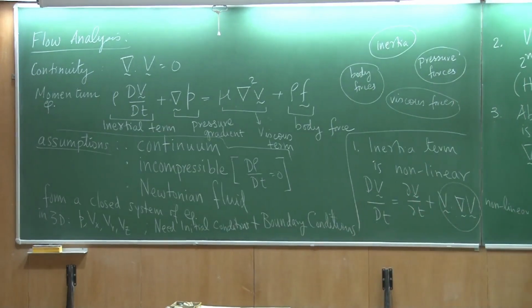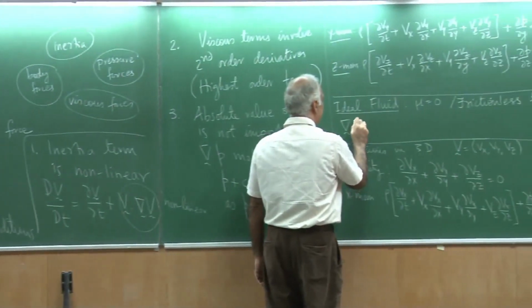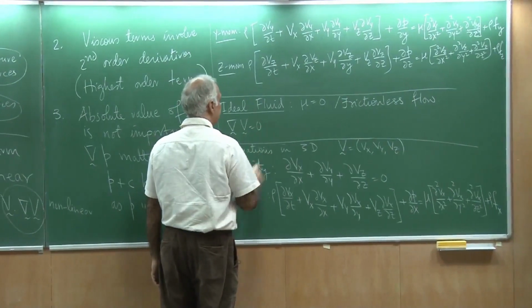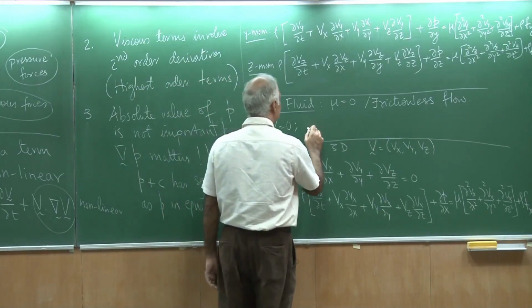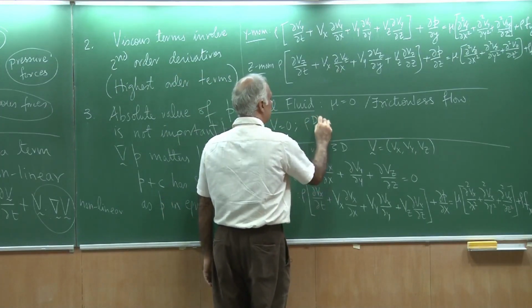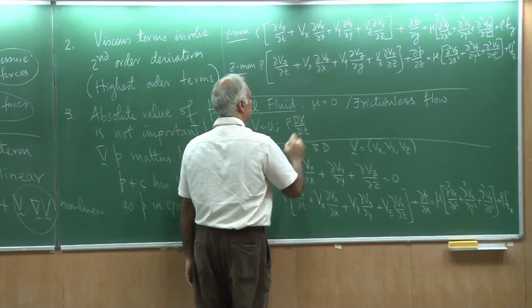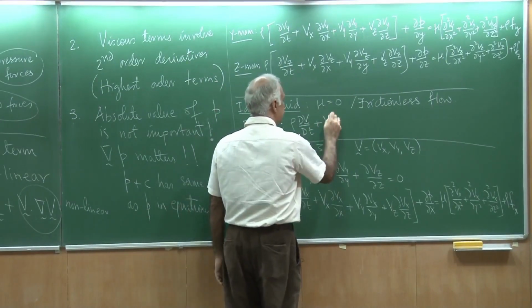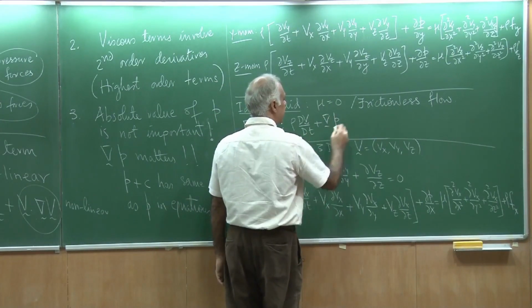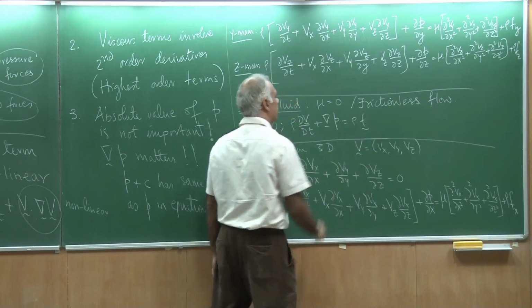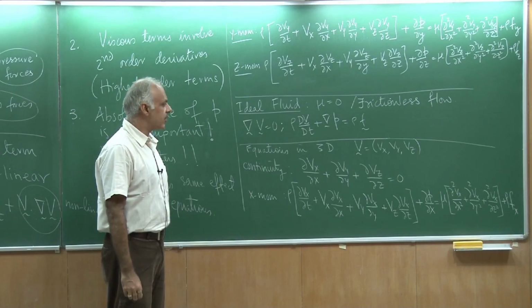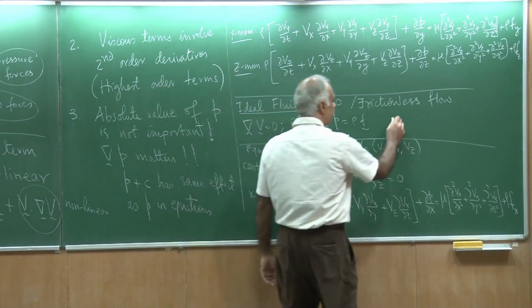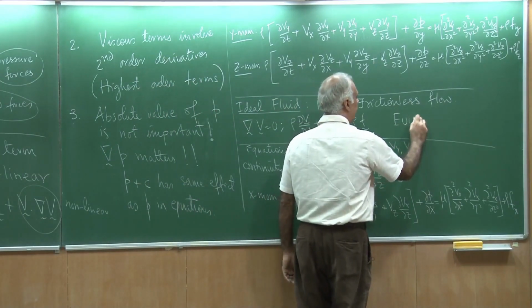So for an ideal fluid, my equations are divergence of V is 0, and then the momentum equations reduce to rho dV dt plus gradient of P equals rho f. So I am able to now get rid of the second order terms in the velocity field. These equations are referred to as Euler equations.